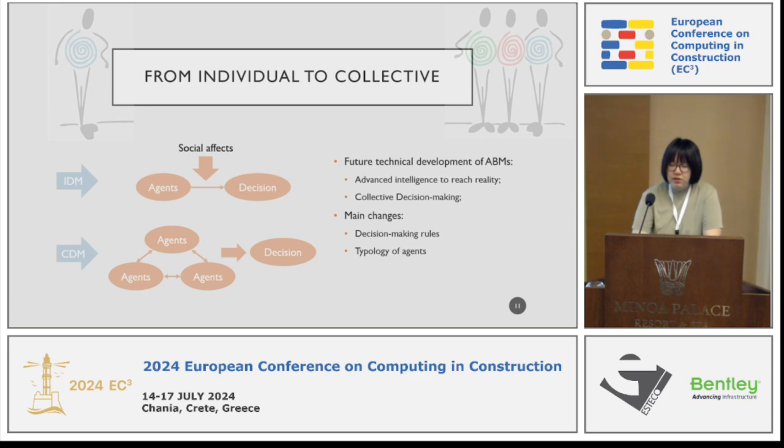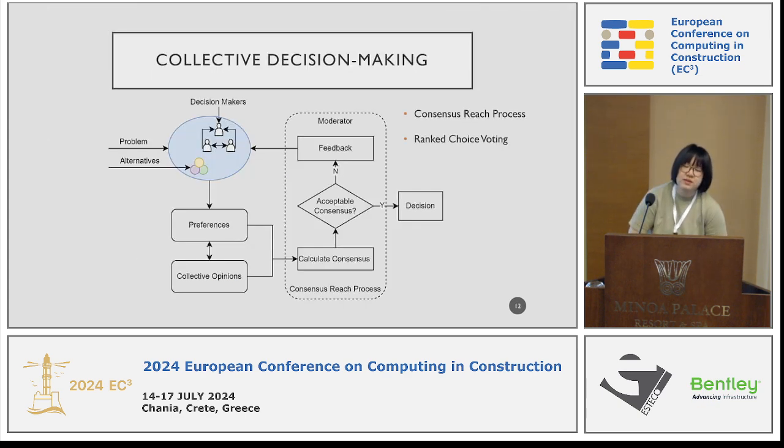Implementation of the decision will be easier because group members will all join in the decision-making process. And if the group is diverse, better decisions may be made because different group members may have different ideas based on their backgrounds. So that's what we want to do in the next step.